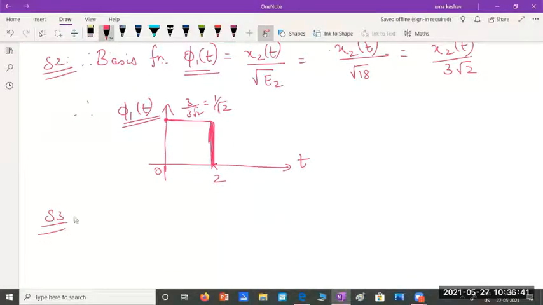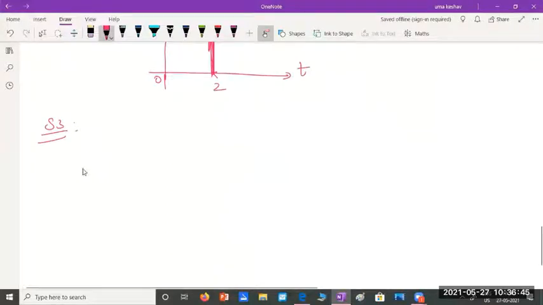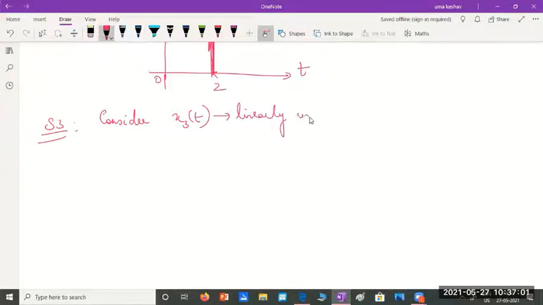Now I'll continue to find the second orthonormal basis function phi 2, for which we know the other linearly independent signal. Consider x3 of t, which is also linearly independent, and find the energy in this signal.